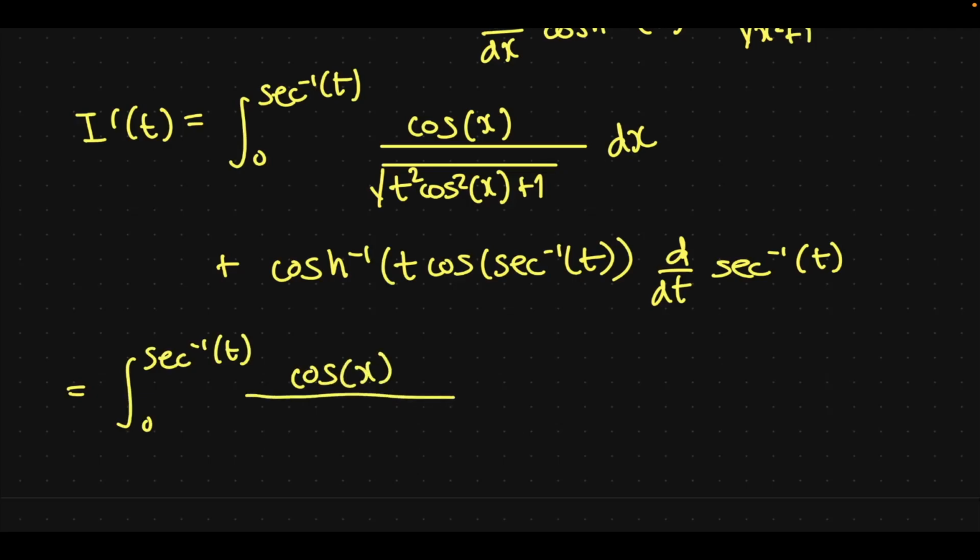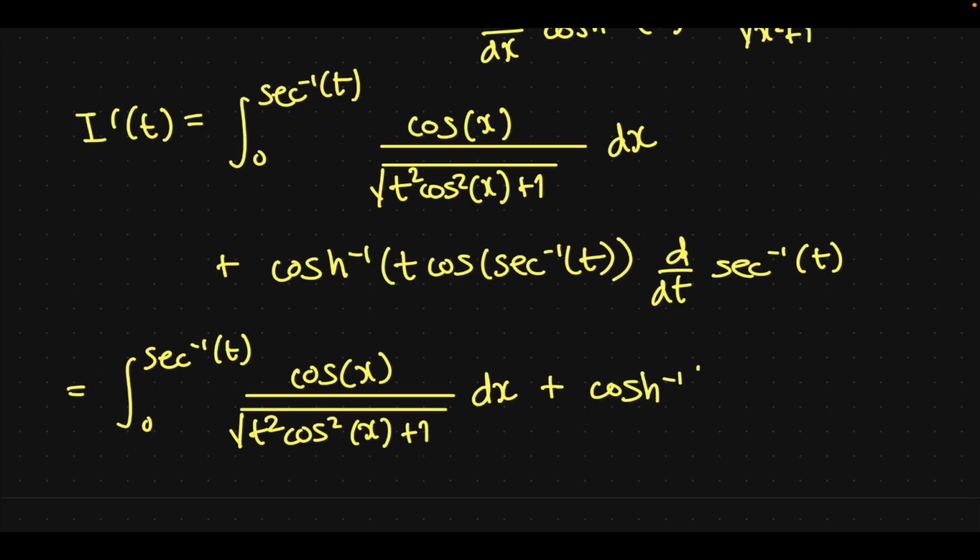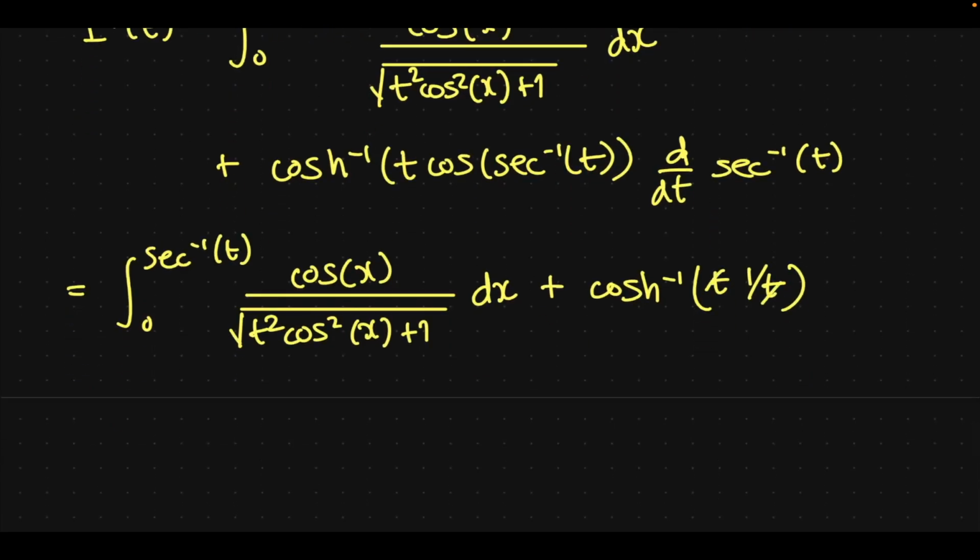So this gives us the integral from 0 to secant inverse of t of cosine x divided by square root of t squared cosine squared x plus 1, dx, plus cosh inverse t times 1 over t, because cosine is 1 over secant. Secant and secant inverse cancel, so there's a t in the denominator. That gives us t times 1 over t, so that cancels.